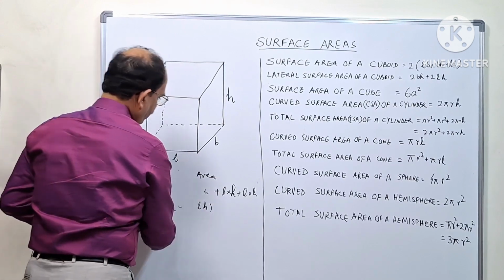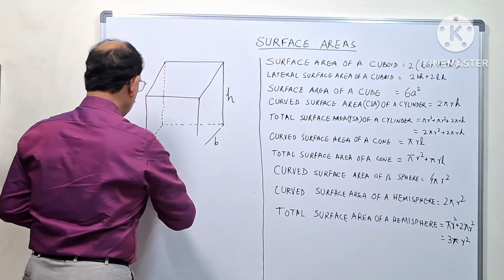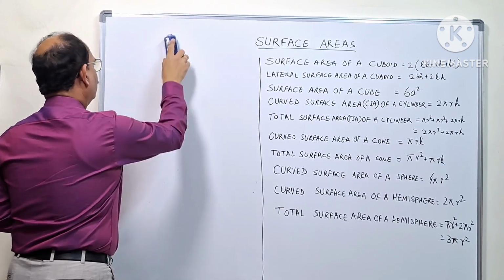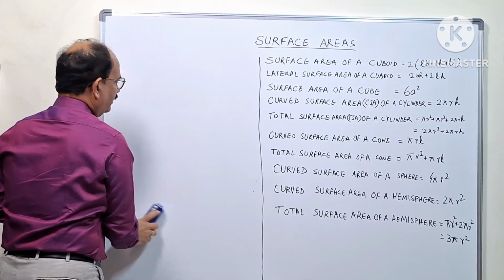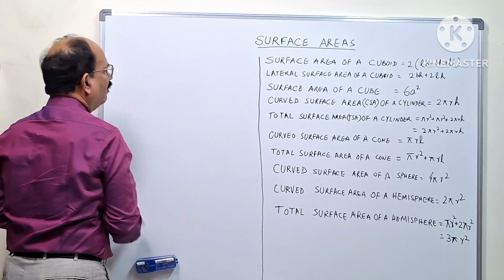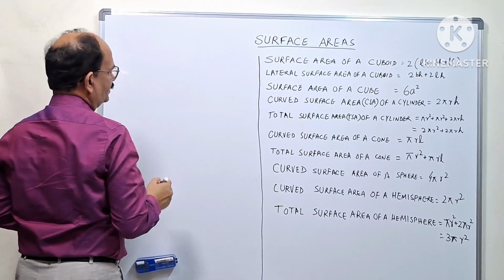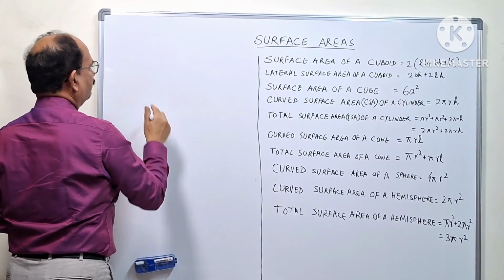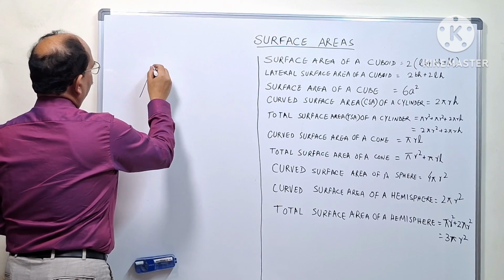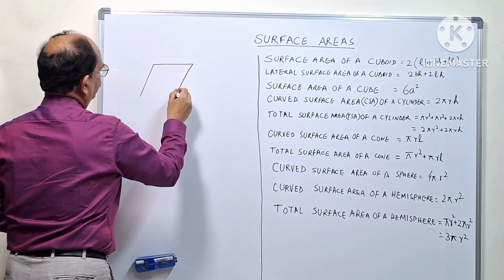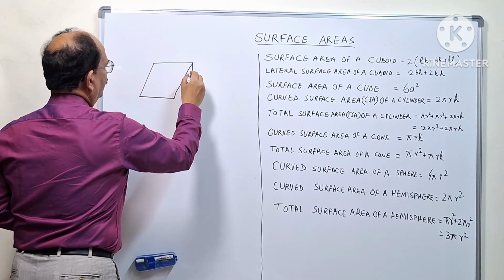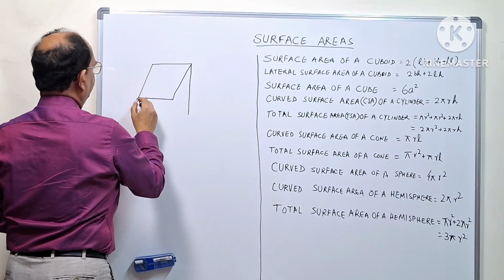Let's go about the surface area of a cube. A cube is distinguished by a three-dimensional structure where all faces and all edges are of the same length. If I have to draw the cube, it might appear like this.